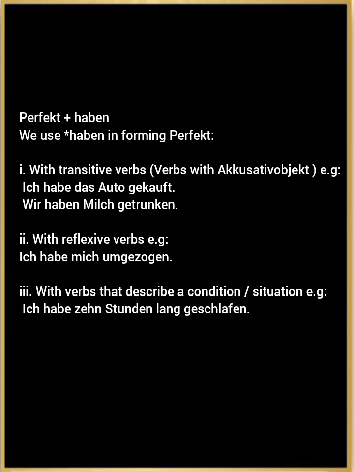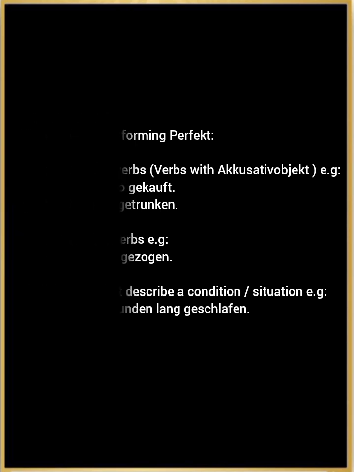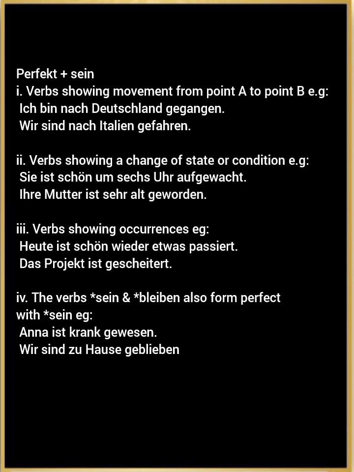Let us now proceed and see those that form their perfect tenses with sein. Let's go ahead. Verbs showing movement from point A to point B. Those verbs that show movement from one place to another, they always form their perfect tense with sein. An example is ich bin nach Deutschland gegangen. The verb gehen forms with sein.